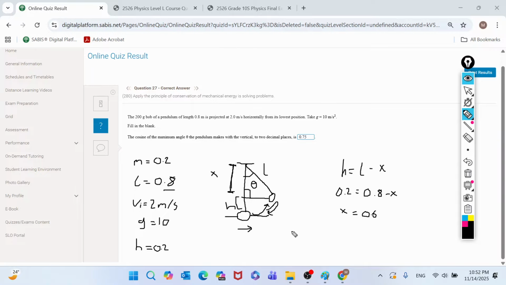The adjacent here is x, and the hypotenuse is L. So we know that cosine theta equals x over L. x over L equals 0.6 over 0.8, which is equal to 0.75. Okay guys, that's how you get the answer.